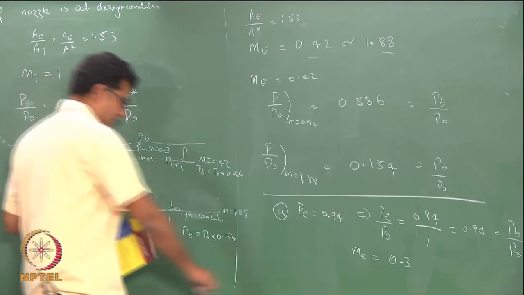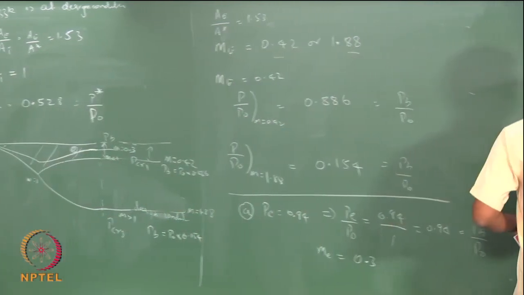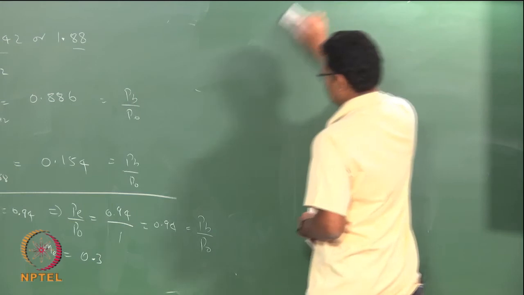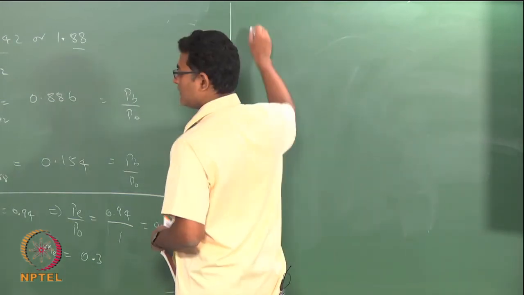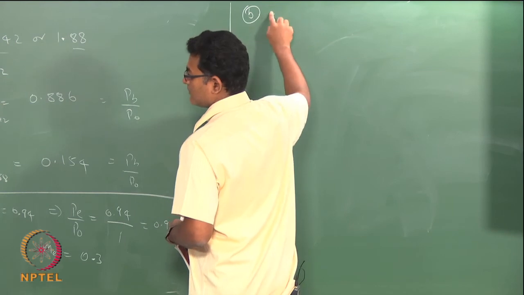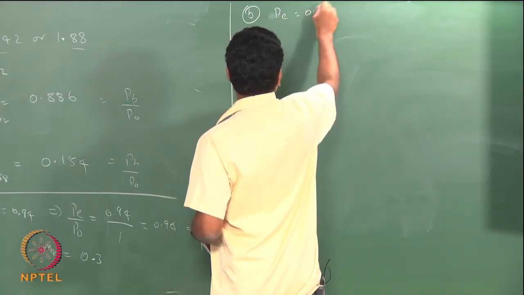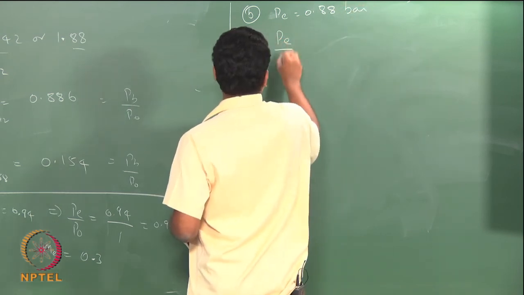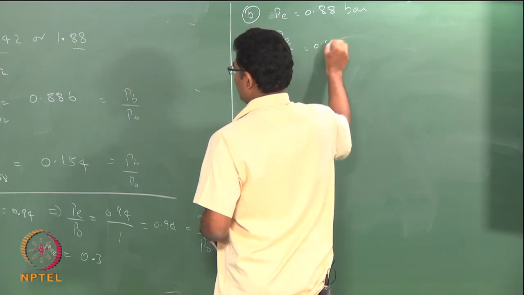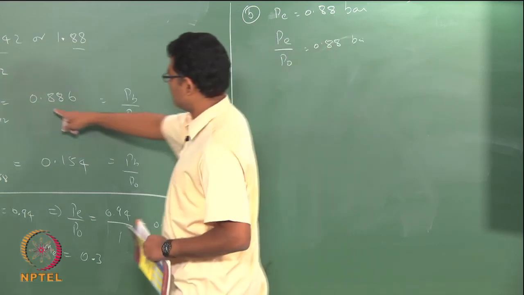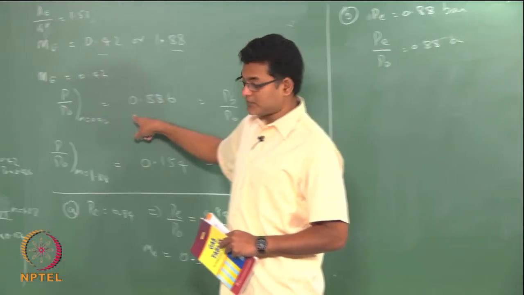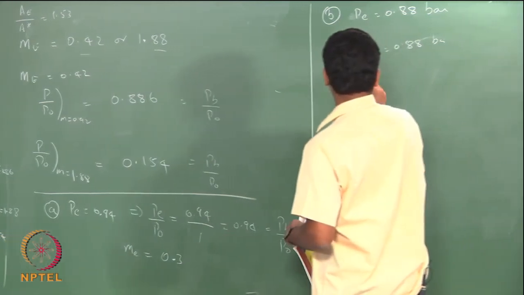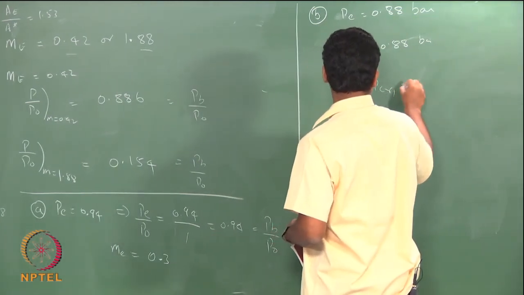Okay. Now, I take the next pressure, B. P exit is 0.88 bar, which is close to our isentropic solution of the subsonic case, which is P critical 1.